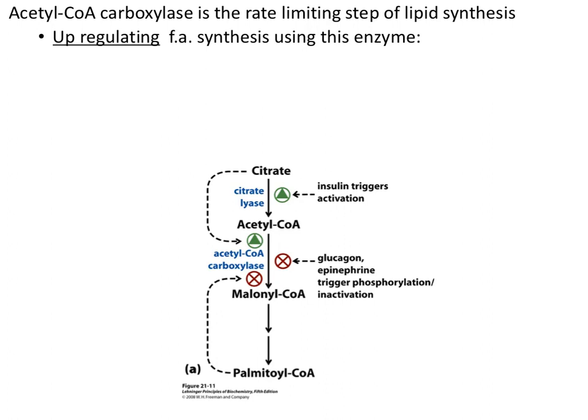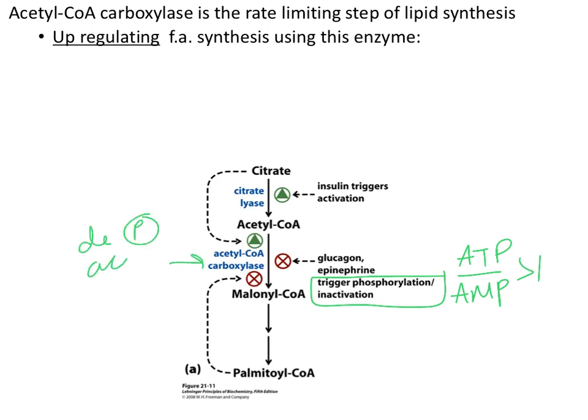Okay, so upregulating fatty acid synthesis. Again, we just already talked about one of these, but basically if you have high ATP concentration to AMP, this is greater than 1, then acetyl-CoA carboxylase will be dephosphorylated and therefore it will be active. So this is your example of post-translational modification.